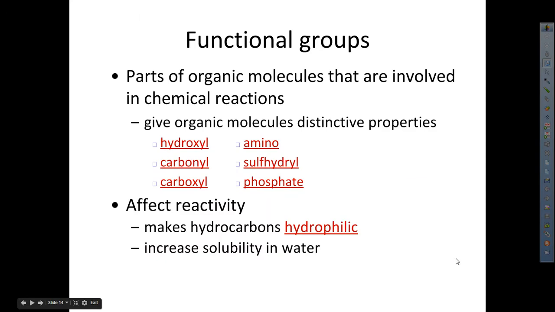And so we are going to be talking about these functional groups. This is just a few. This is not all of the functional groups, but these are ones that are particularly biologically pertinent.